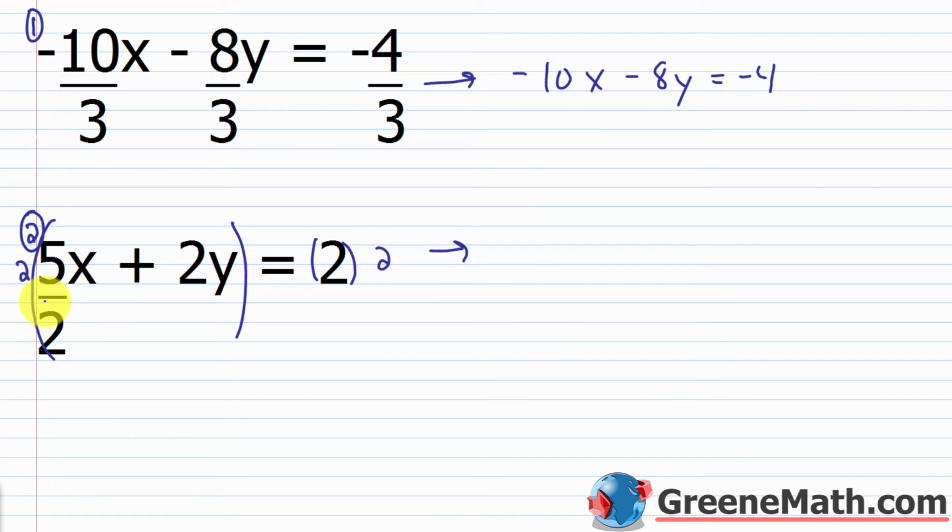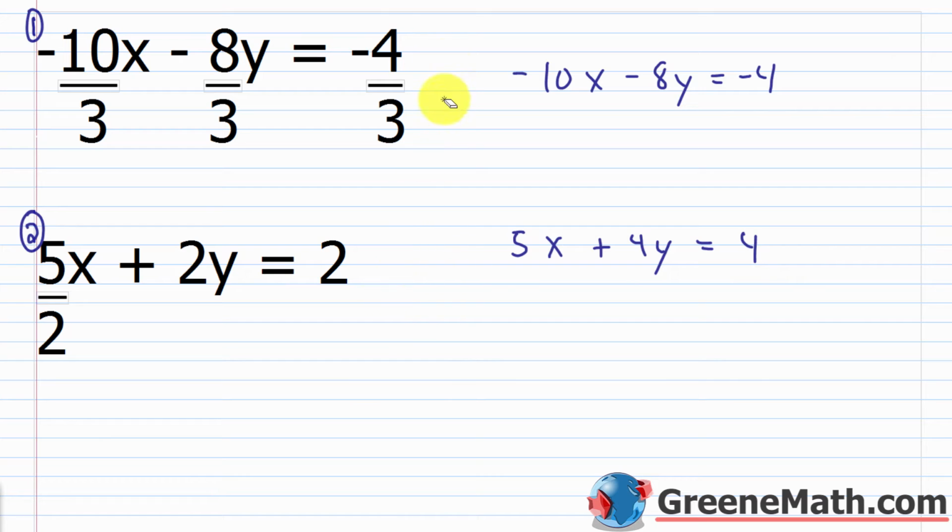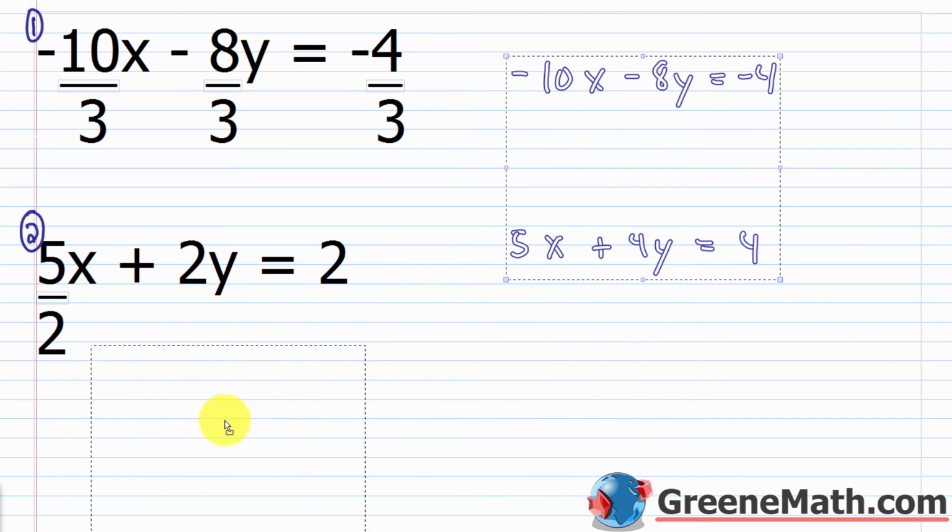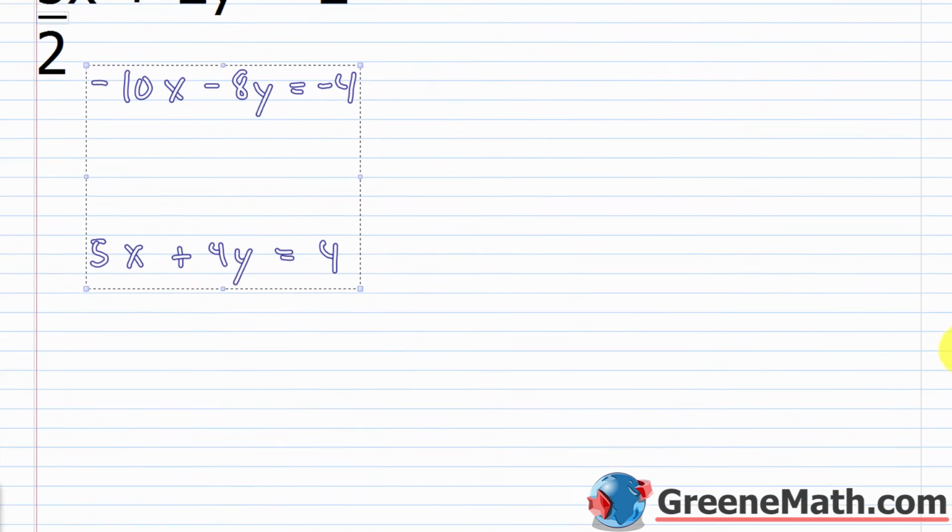So 2 times 5/2 would be 5, then times x plus 2 times 2y is 4y, and this equals 2 times 2 is 4. All right. So now that we have it in a cleaner, more compact format, let me copy these and bring them down here. Let me scroll down and get a little room going.